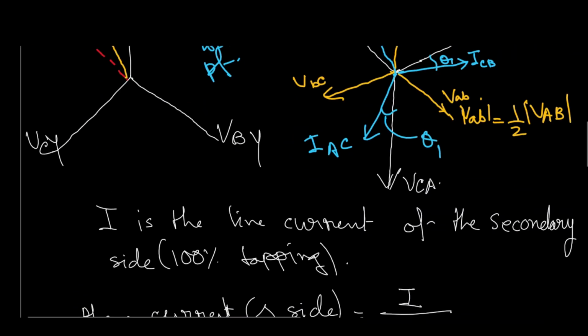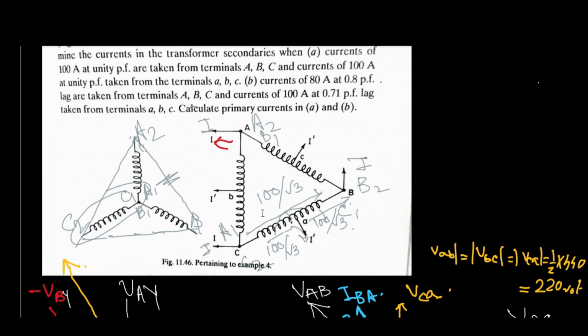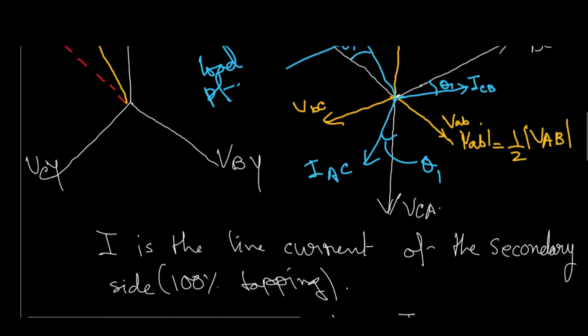Or otherwise, instead of considering this 100 by root 3 as two parts, one thing you can consider is this phasor, this 100 by root 3, which will need to be counterbalanced by this one. Let me show you how you will get it.